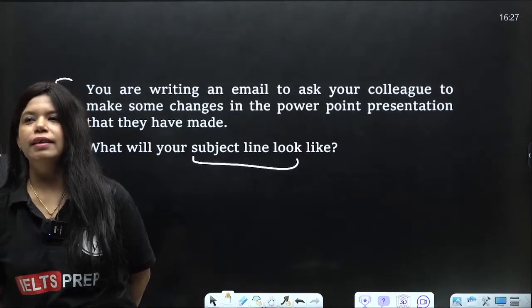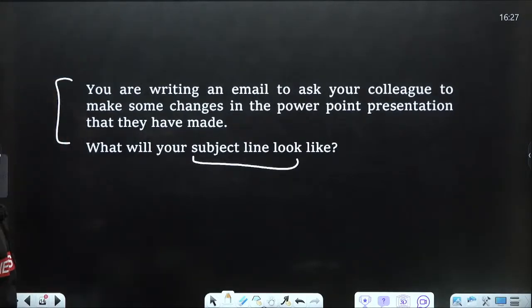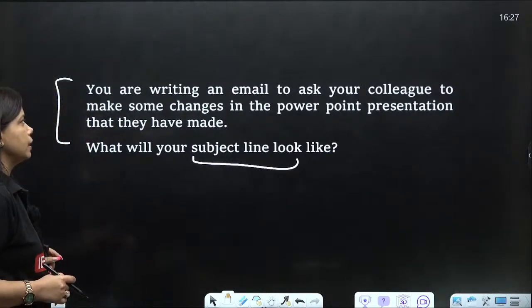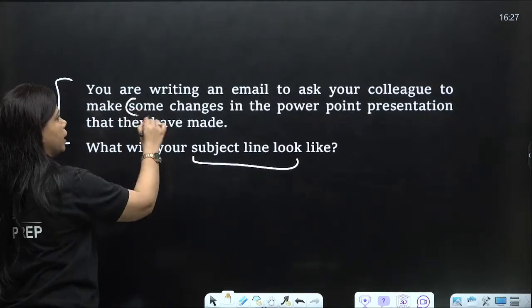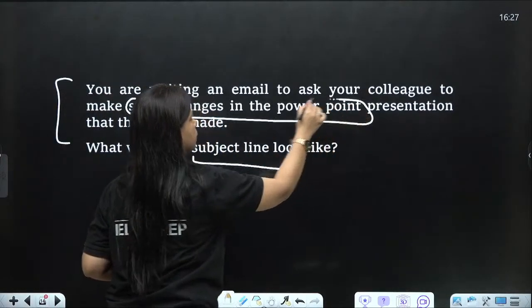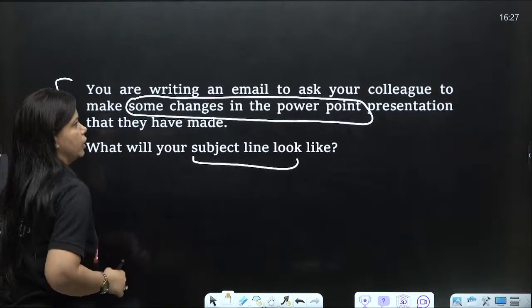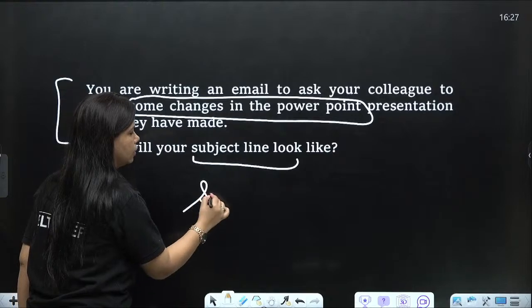Okay, fine. Let me tell you then. The question says you are writing an email to ask your colleague to make some changes in the PowerPoint presentation. Look, this is the main context: some changes in the PPT presentation that they have made. And this context only we can write. We can say in the subject line, "Suggested changes."